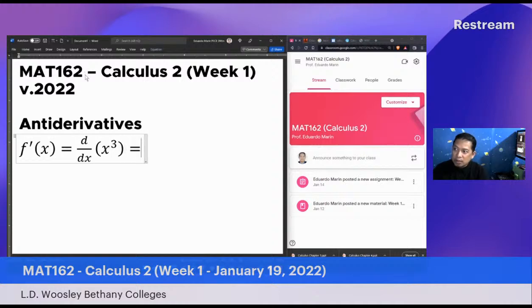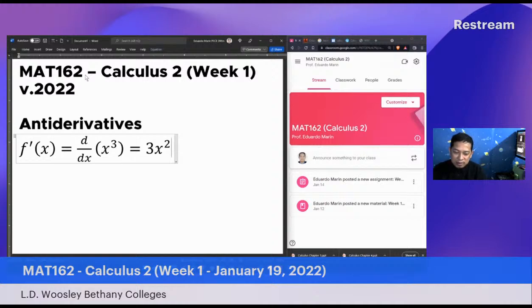This is obviously equal to, so your f of x there is 3x squared. So f prime of x, the derivative of x cubed, the first derivative of x cubed is 3x squared.